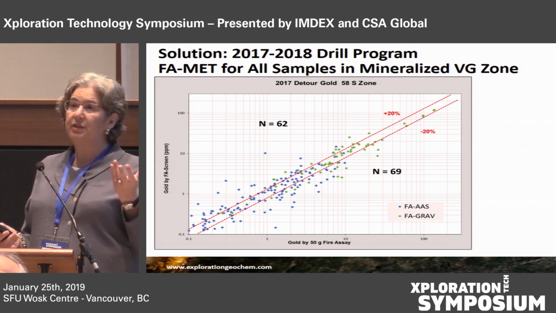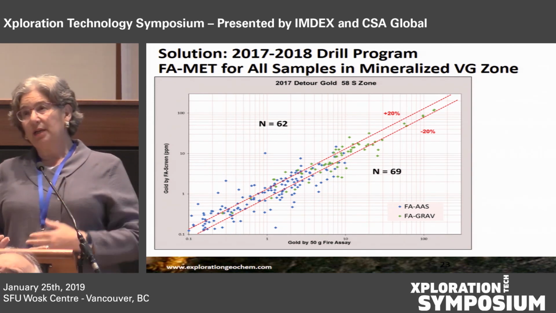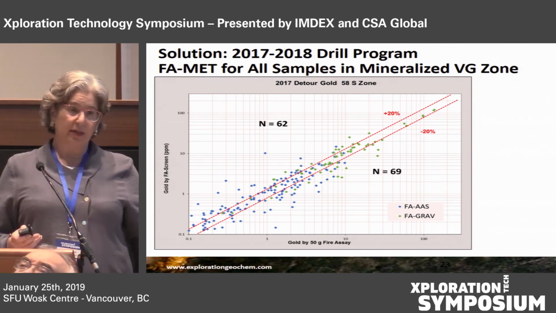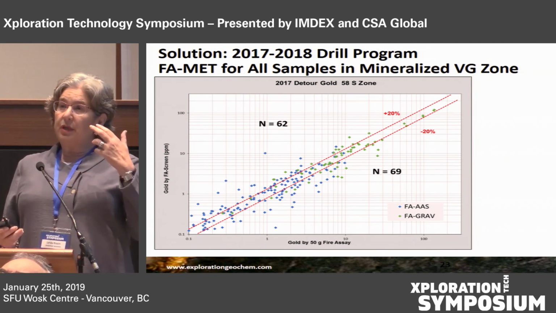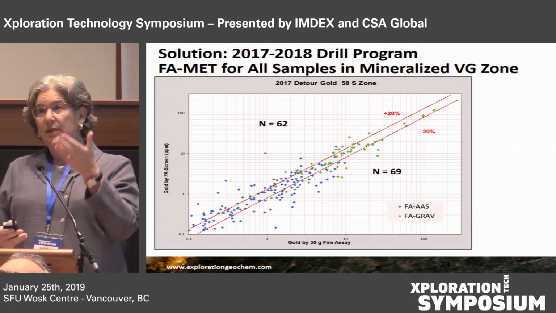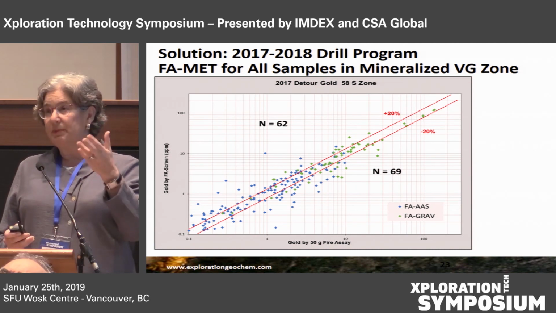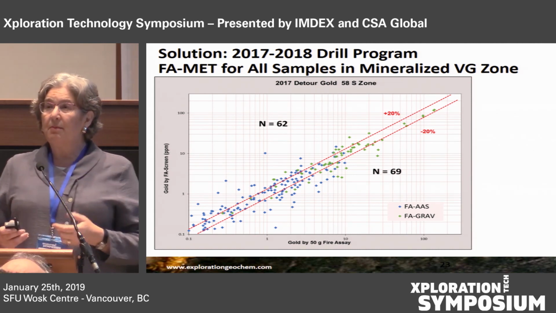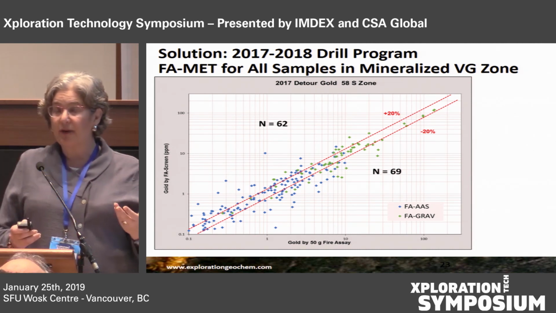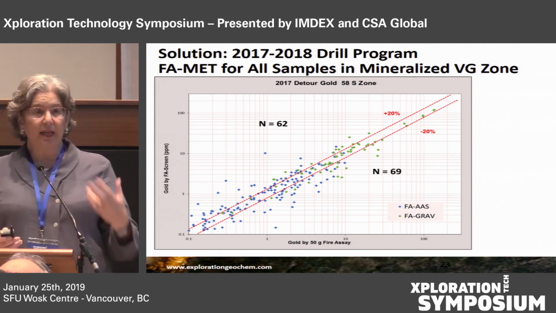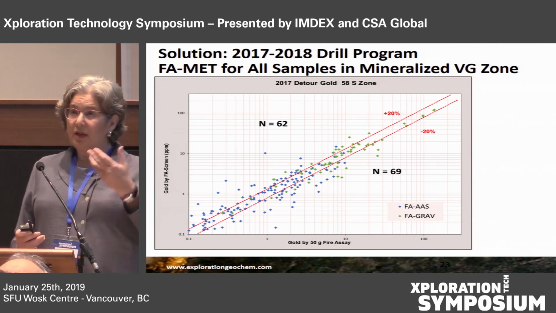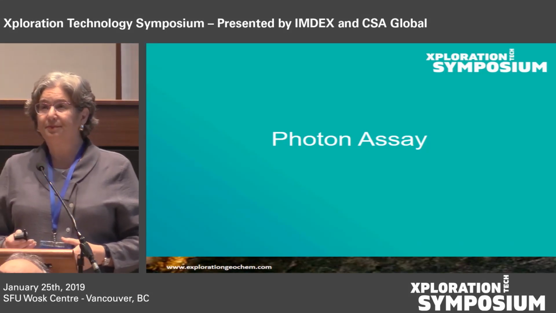We have 62 cases with screen metallics higher and 69 cases with the AA finish higher. And in this case, I would probably tend to select the screen metallics values because I'm using the fire assay AA finish really as a quality control measure for those values.